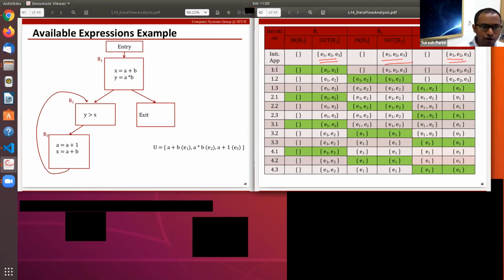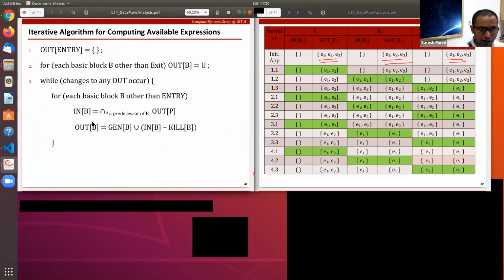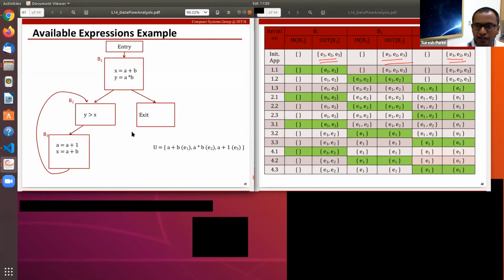And in iteration 1.1, we are saying out of B1 is equal to in of B2. So this is the initial approximation.